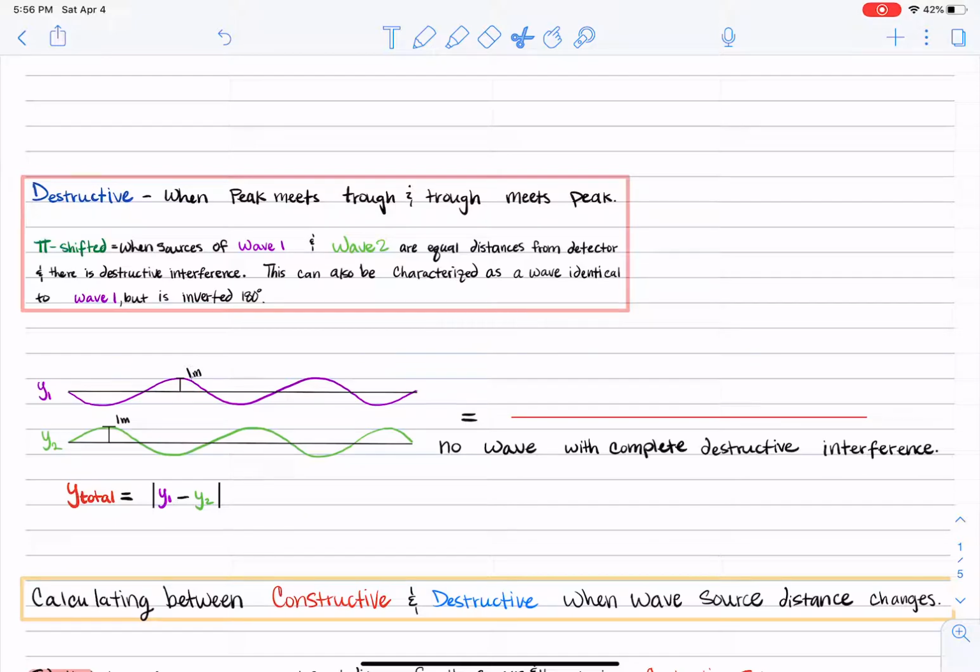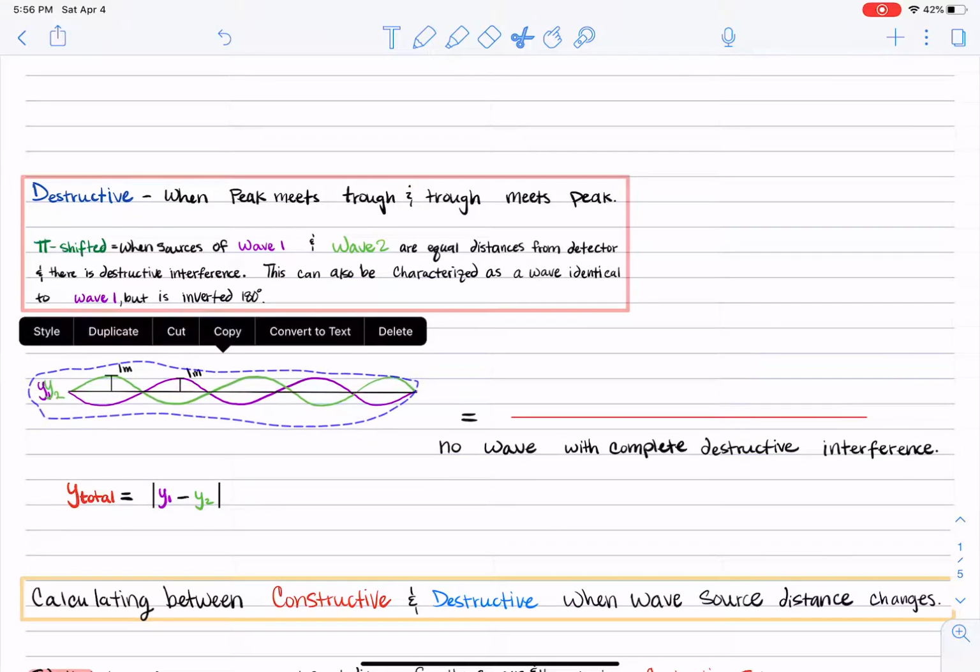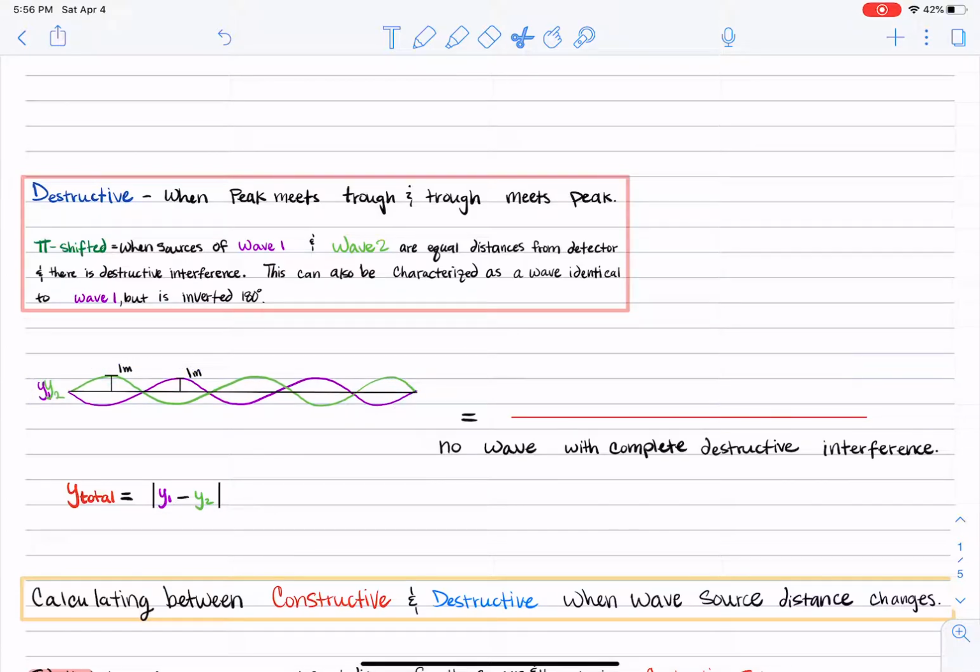Now again, this is a 1 meter wave, and this is a 1 meter wave. So when we have destructive interference, and we said that it was a subtracting property, and we see that it overlaps trough to peak and peak to trough. When those overlap, we get a subtraction of the wave. Because these two amplitudes are the same, we actually get no wave at all after.